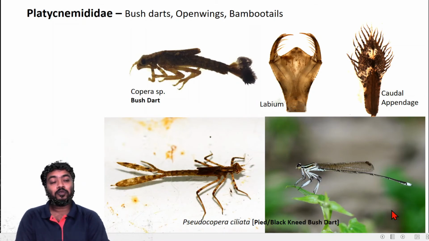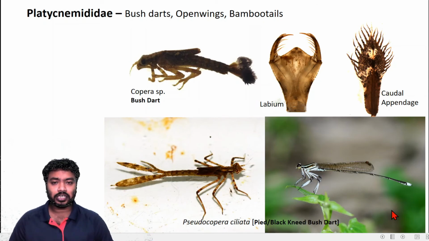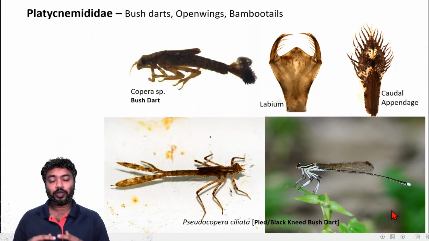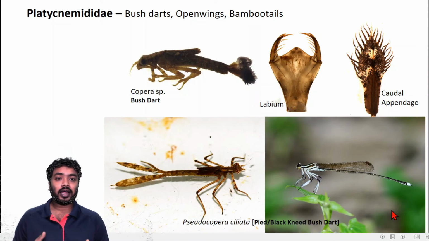So just by looking at the behavior, at least to some level you can narrow down the identification. That's why it is very crucial to study all the behavior and ecology, from which habitat you are collecting, and how the species was there in the living condition.